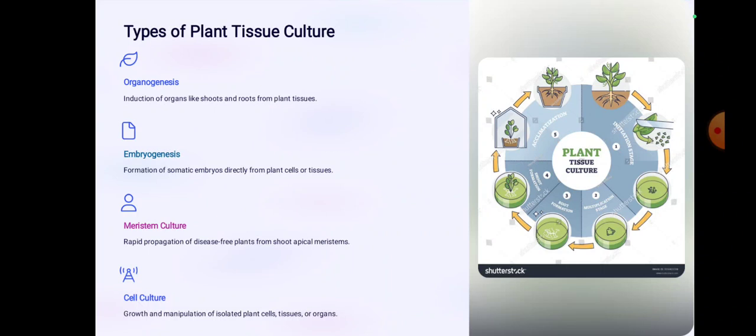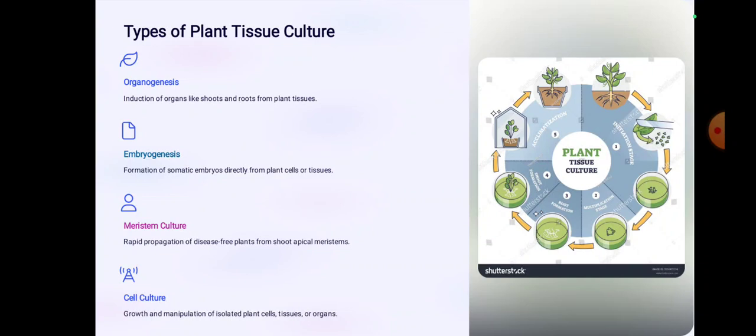Types of plant tissue culture. The types include organogenesis, embryogenesis, meristem culture, and cell culture. Organogenesis is the induction of organs like shoots and roots from plant tissue culture.